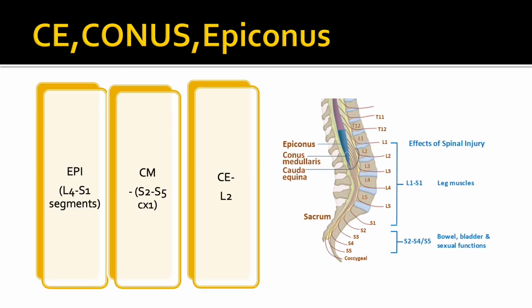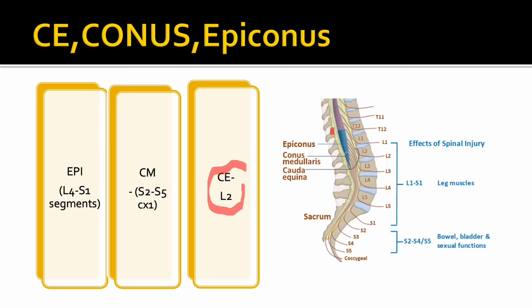Three terms you should remember. One is the Cauda Equina, which we have said is the nerve roots below L2. Then the term conus. Conus is the lower part of the spinal cord, which includes S2 downwards, that is S2, S3, S4, S5 and Coccygeal 1.